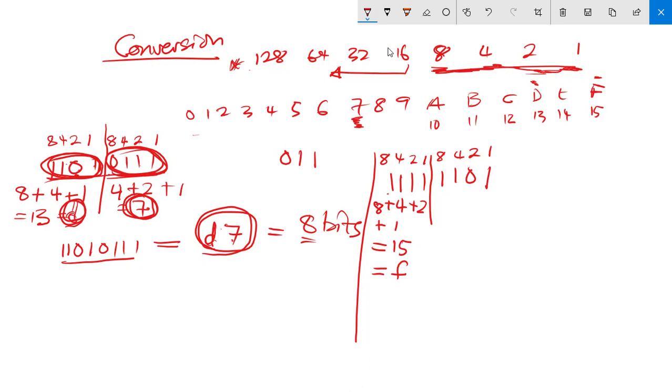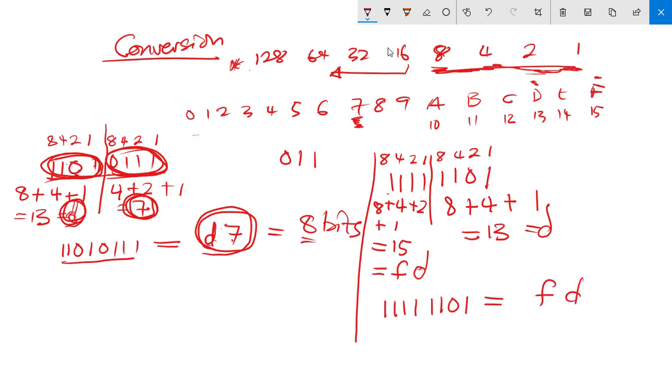Here we have 8 is on, 4 is on, 2 is off. So we add just 1. That will give us 13. 13 from the reference table is D. So we have FD. 1, 2, 3, 4. 1, 2, 0, 1 is equal to FD in hexadecimal.